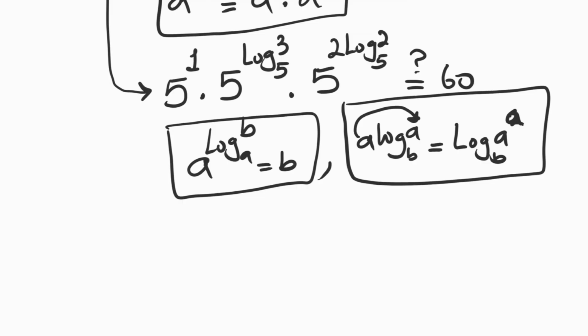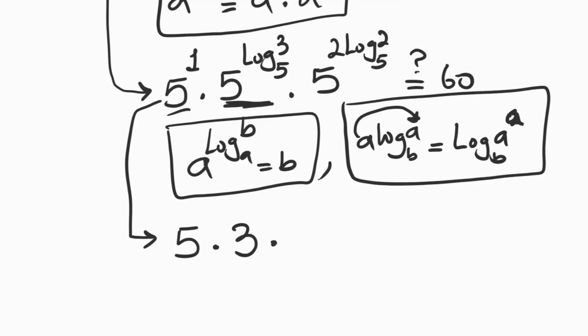Right. So now, with that knowledge, 5 raised to the power 1 is 5. 5 raised to the power log of 3 base 5 becomes 3. And then 5 raised to the power 2 log 2 base 5 becomes 2 raised to the power 2.